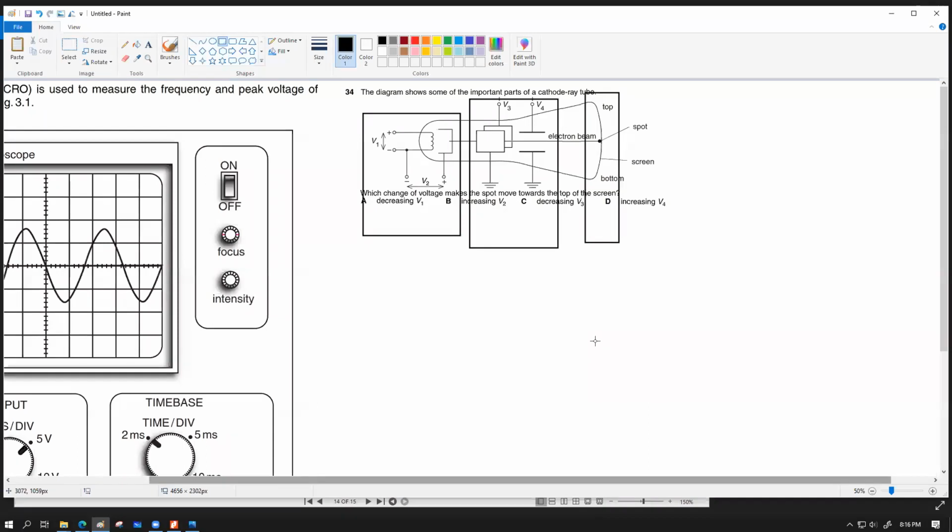So the purpose of the fluorescent screen is to enable us to view the exact location where this electron beam is going to come and hit. Physically, this device looks like a pretty long light, like the old torch lights.